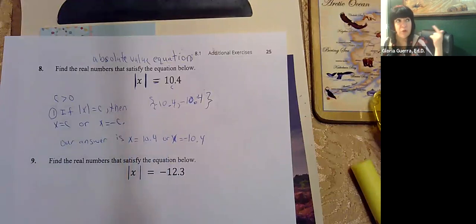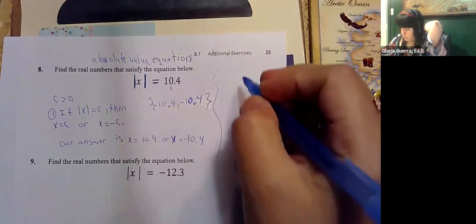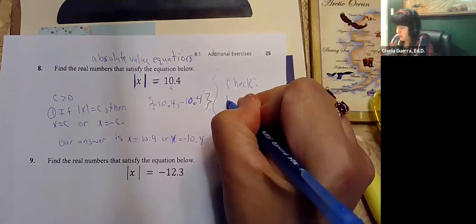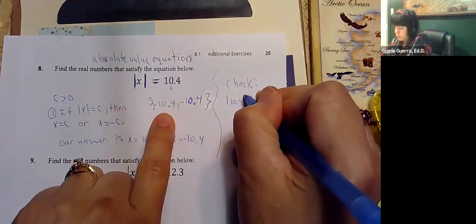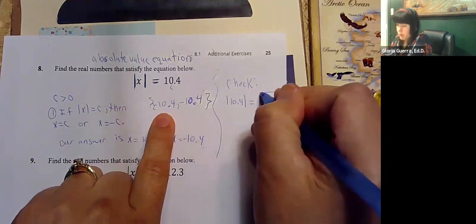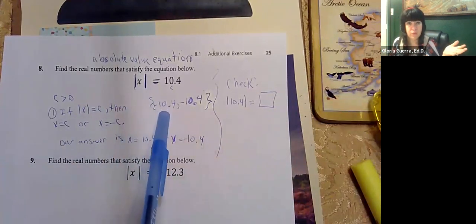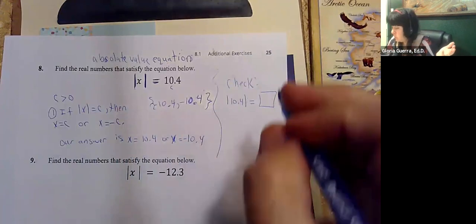So what you're trying to do is find numbers that you can substitute in for x and make a true statement. And if we do a check to show that, absolute value of x, we let x be 10.4 first off. What will that equal? Well, what is the absolute value of 10.4? It's just 10.4.